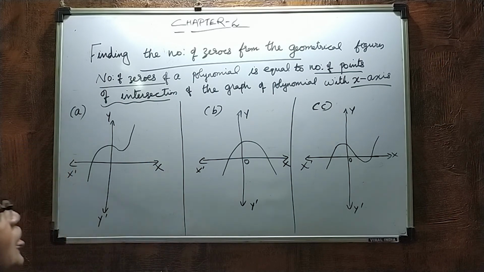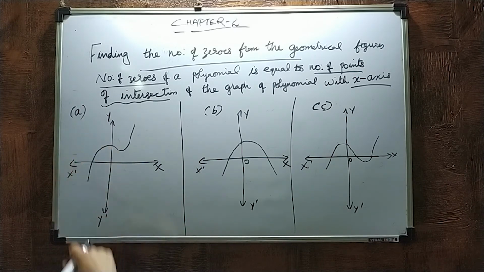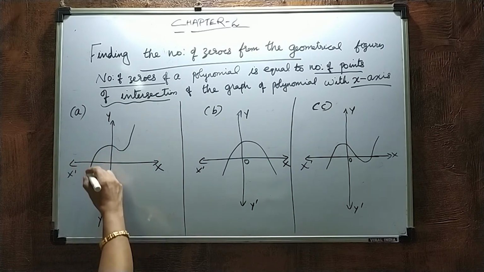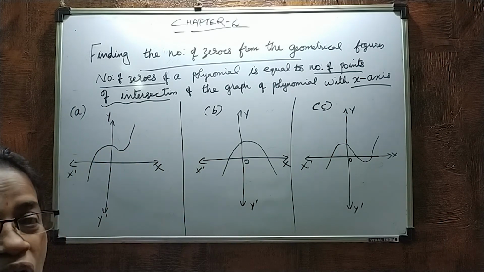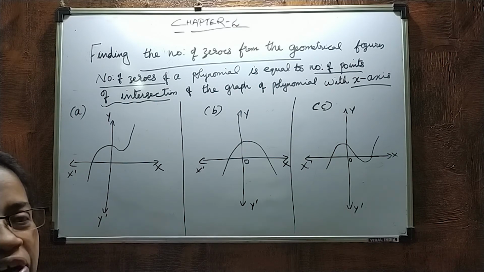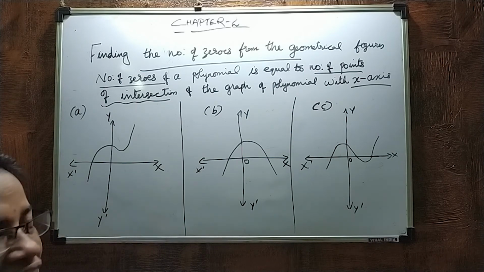Okay, here is the first figure. Just look. Here x dash y dash, and the figure is like this. How many times or at how many points does this figure intersect the x-axis? Just look at the figure and tell me.